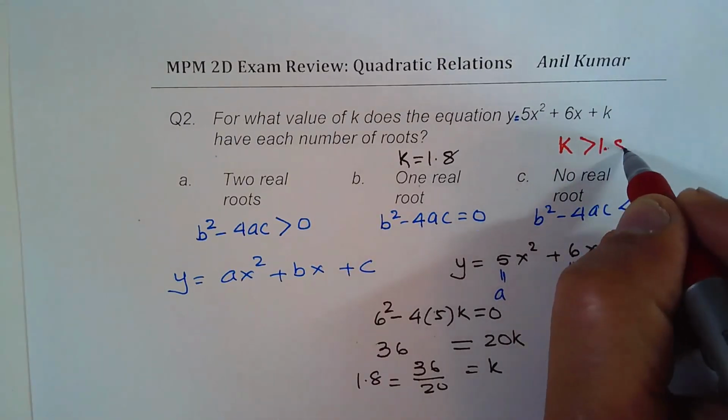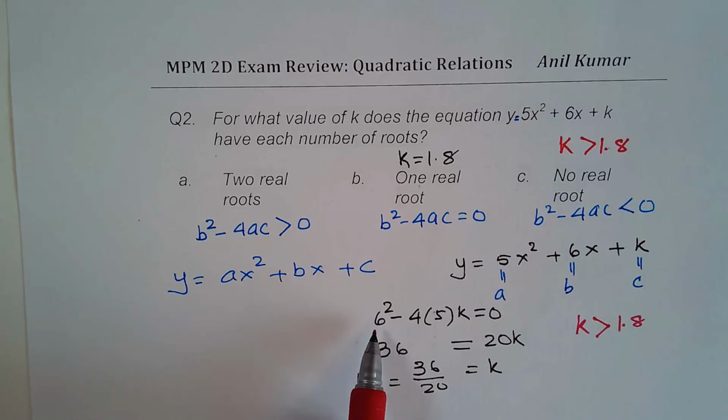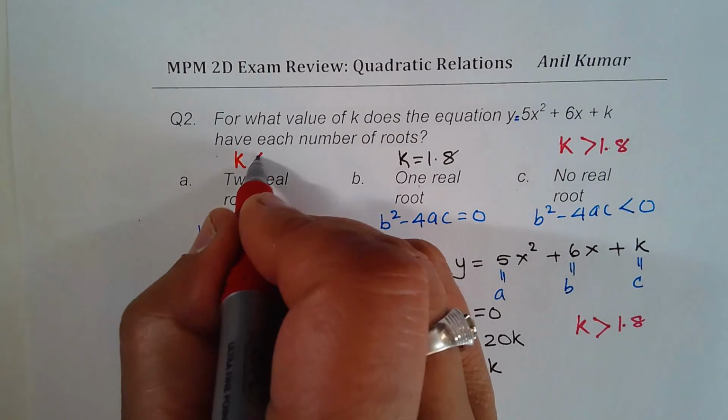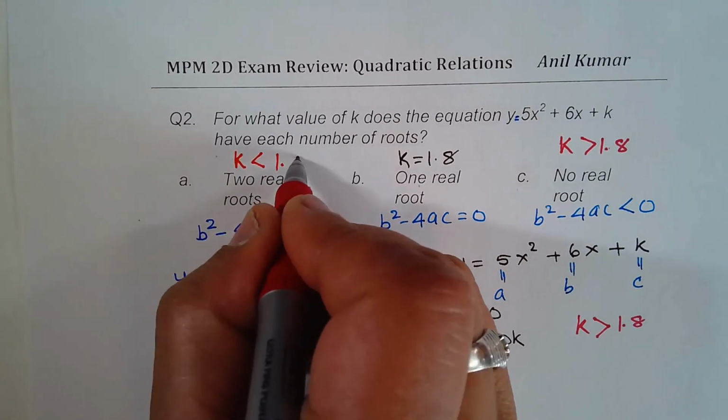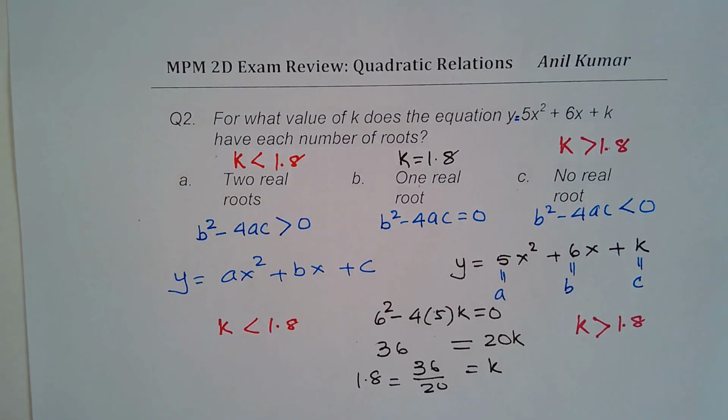For it to be positive, 6 squared, or 36, should be greater than the negative term, so k has to be less than 1.8 for 2 real roots. Perfect. So that is how we get our solution to question number 2.